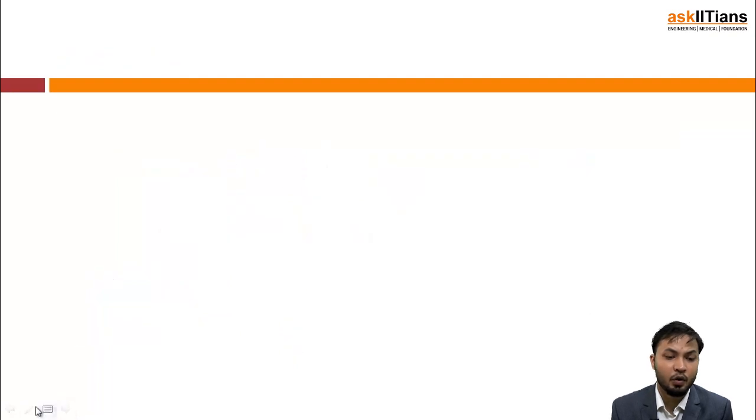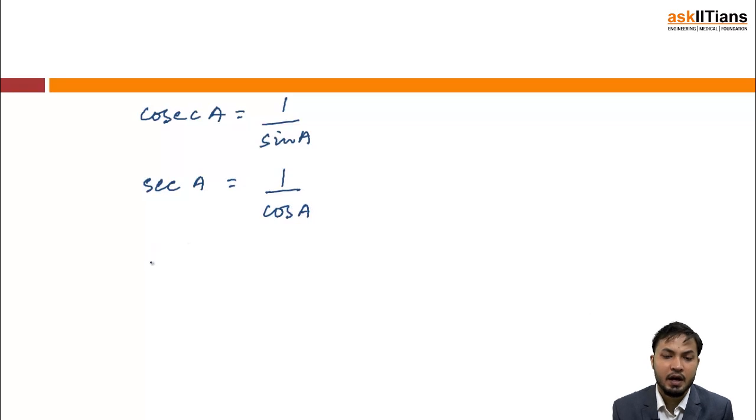Similarly, if I continue on, since tan is defined, I'll take out cosec A, which is opposite to sine, 1 by sine A. My sec A will be equal to 1 by cos A, and my cot A will be equal to 1 by tan A. So if I take out all of them, this will become 3 by 4, right?